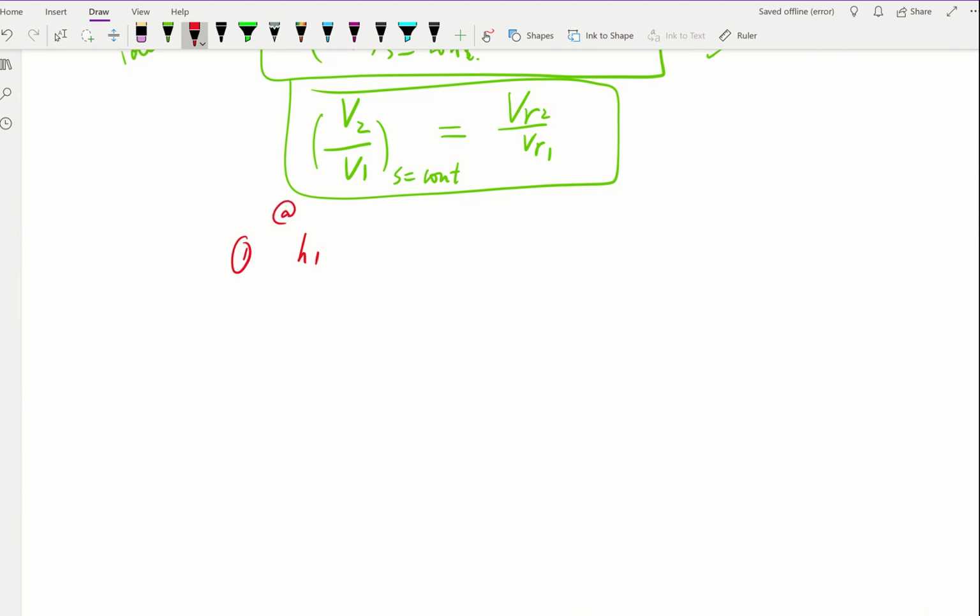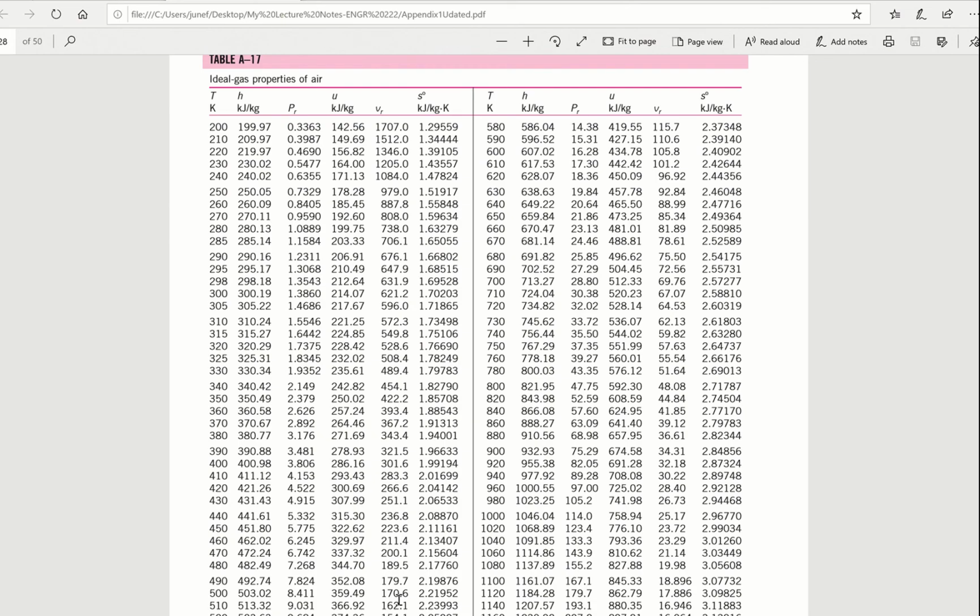H1 at 300 Kelvin. You might not have 300 Kelvin. You might have a different value. So now I actually have a table ready. You're going to go to table A17. And at 300 Kelvin, I have right here, do we have an H1 value? 300.19.